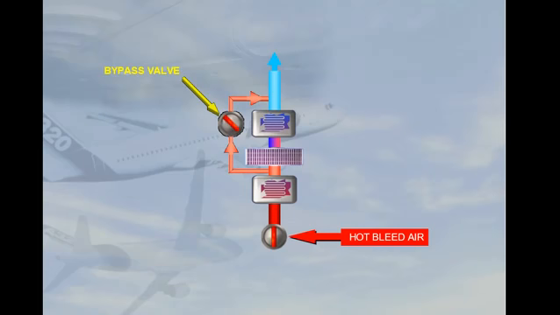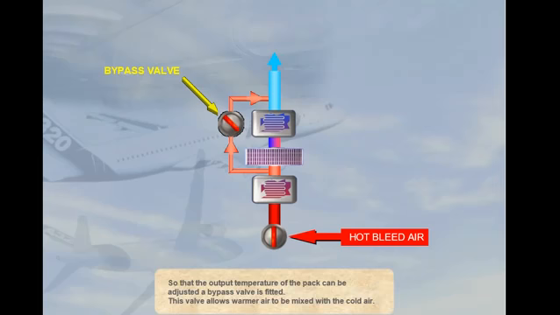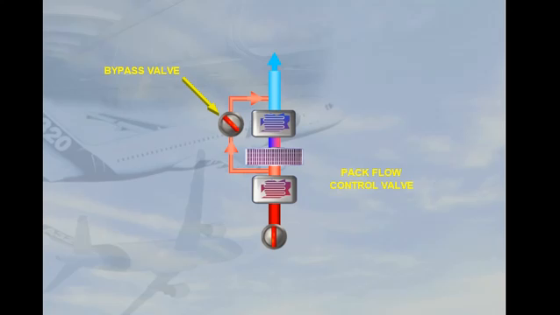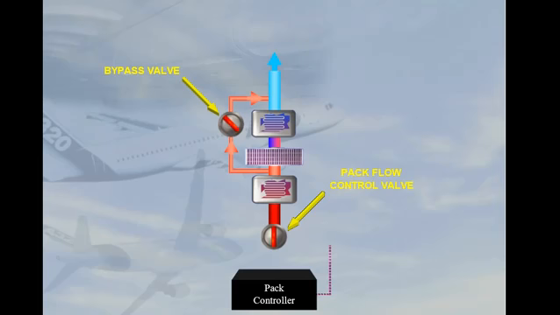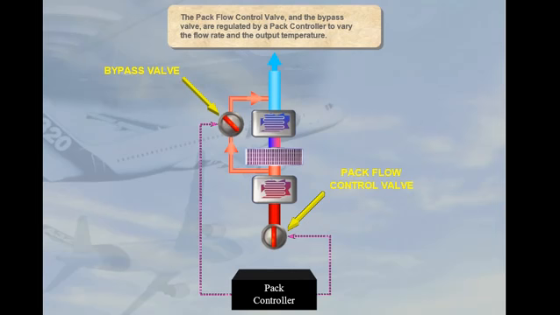This valve allows warmer air to be mixed with the cold air. The pack flow control valve and the bypass valve are regulated by a pack controller to vary the flow rate and the output temperature.